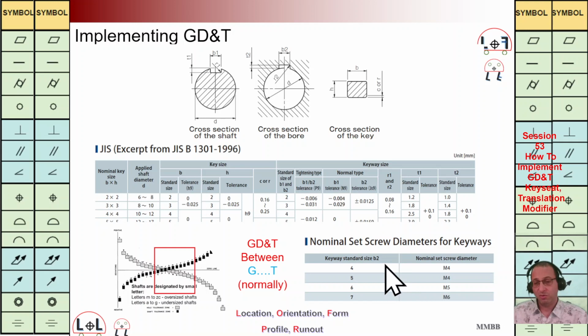If you are going to use a screw to fix the key to the shaft, again, we need to follow the standard. In JIS, they have mentioned this table for which size of keyway, which size of screw we need to use.